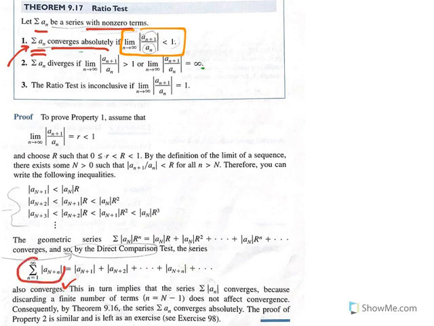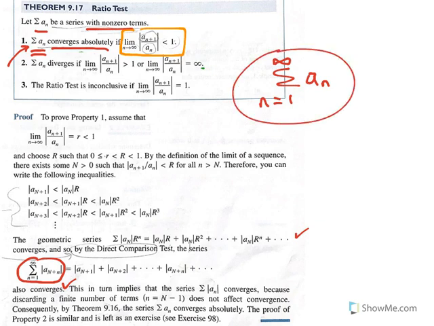So take a look at the series that we've just shown converges by direct comparison to the convergent geometric series. The series under consideration is this one here, from n equal to 1 to infinity. What is the difference between this series and the series that we've shown must converge by direct comparison to the convergent geometric series?